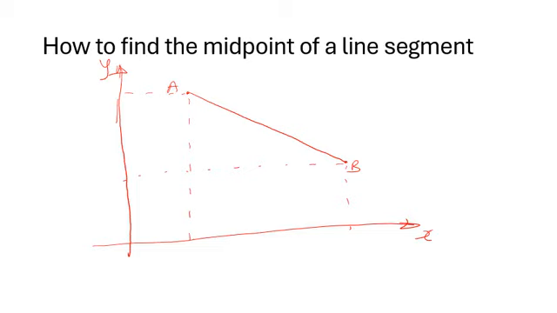Now the question is for us to find the midpoint of this line. Okay? And that midpoint is also a coordinate, but that coordinate has to be on that line.